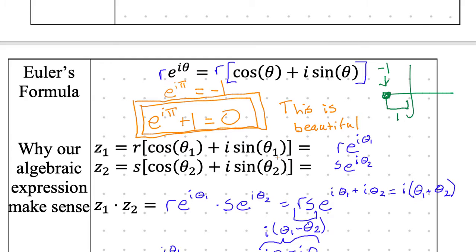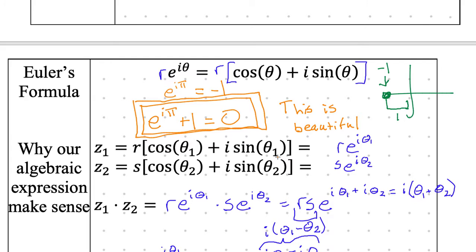By the way, Euler, where is he up there? He's one of the most famous mathematicians. If you say Euler's formula, you usually have to say which one. He has so many formulas. I mean, this is the one that he's probably most famous for. Where is he on our wall of mathematicians? Where's Euler? There he is, Leonhard Euler, top right.